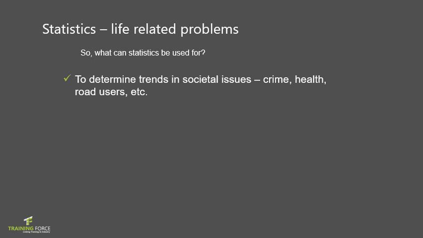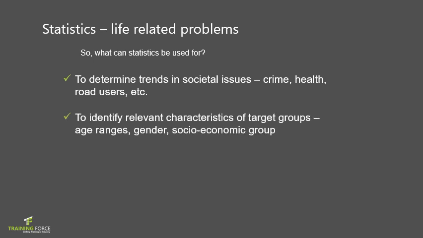Then, to identify relevant characteristics of target groups: age ranges, gender, socioeconomic group. You're in an environment now where unemployment is a very big issue. Unemployment is part of what you hear every day. You may also be earning a stipend as somebody that's unemployed at this point in time, and you've been put on a learnership through an organization because there are statistics that have been drawn.